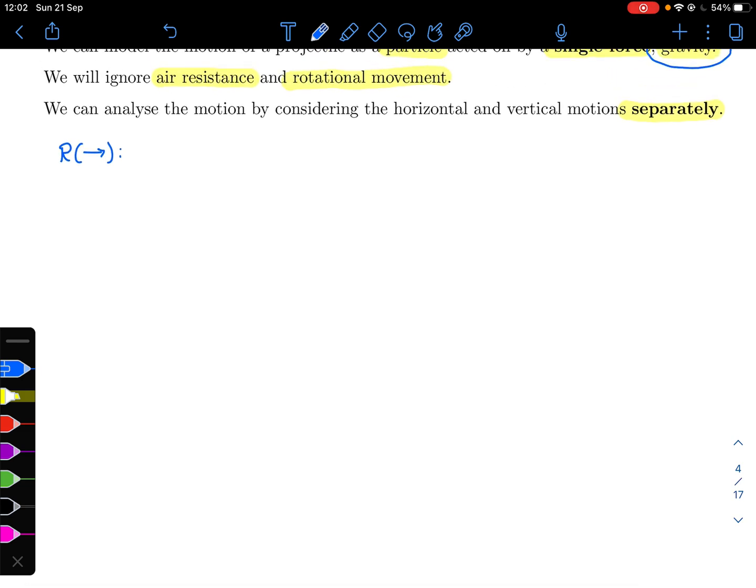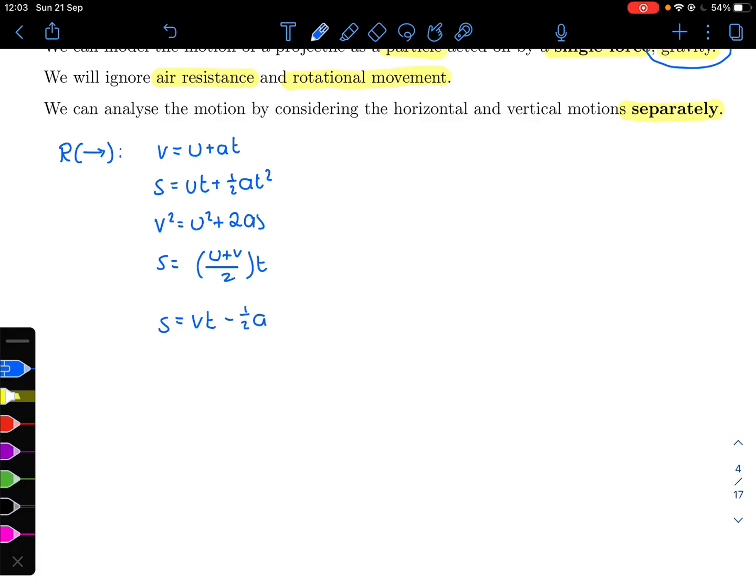So if we consider all the SUVAT equations, which I'll just quickly jot down, hopefully you remember all these. So those four, and then the one that I never use is this one.